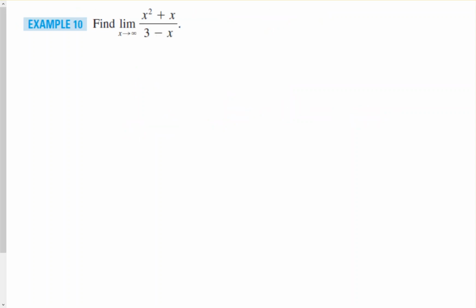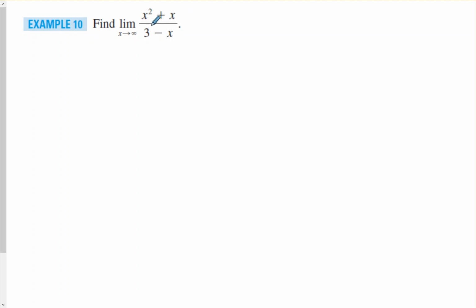And then let's take a look at this one. We have x squared plus x over 3 minus x, limit as x approaches infinity. To solve this one, we divide top and bottom by the highest power of x that occurs in the denominator. You want to almost do a reducing of sorts.